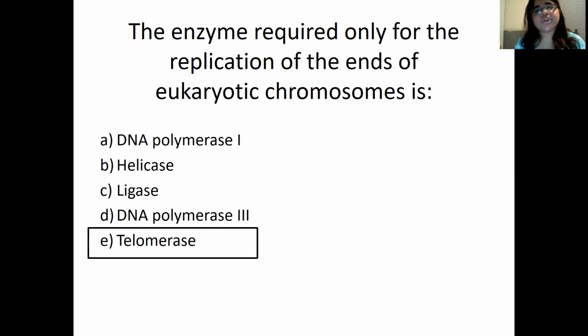This is a typical problem in linear chromosomes. That is why it is more specific to eukaryotic chromosomes, because prokaryotes are, as we know, circular. So they don't have that issue of ends getting cut off. Okay?